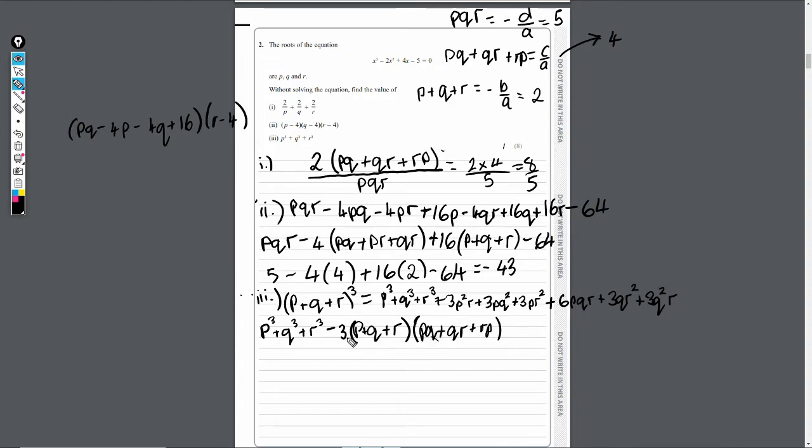And now at each point, this is times by 3. So I've got 3 lots here times by 3, so I'm going to have 9 lots in total. Now we add 6 lots on, so I've got minus 9 lots, I add 6, so I'm at minus 3. So I'm going to have to add another 3 lots on, just at the very end here, just to get rid of it in total. So that's 3 PQR. Okay, so we're nearly done with this question.